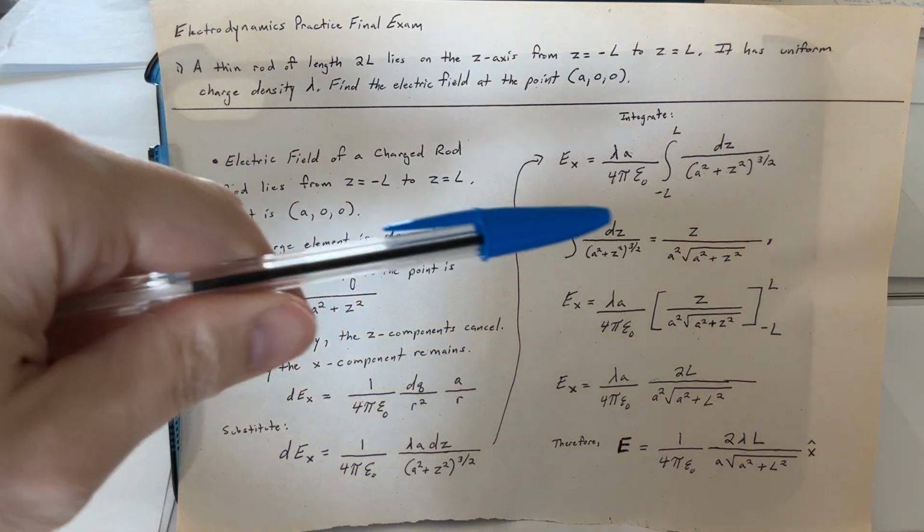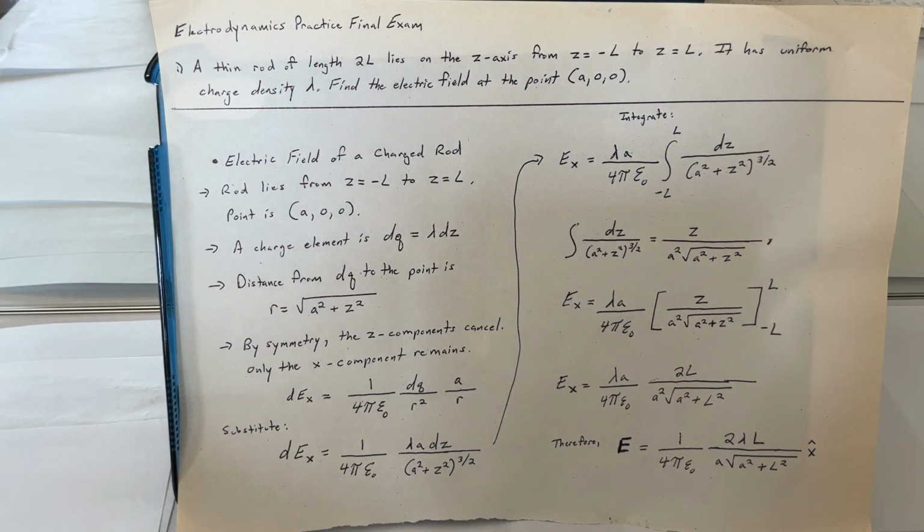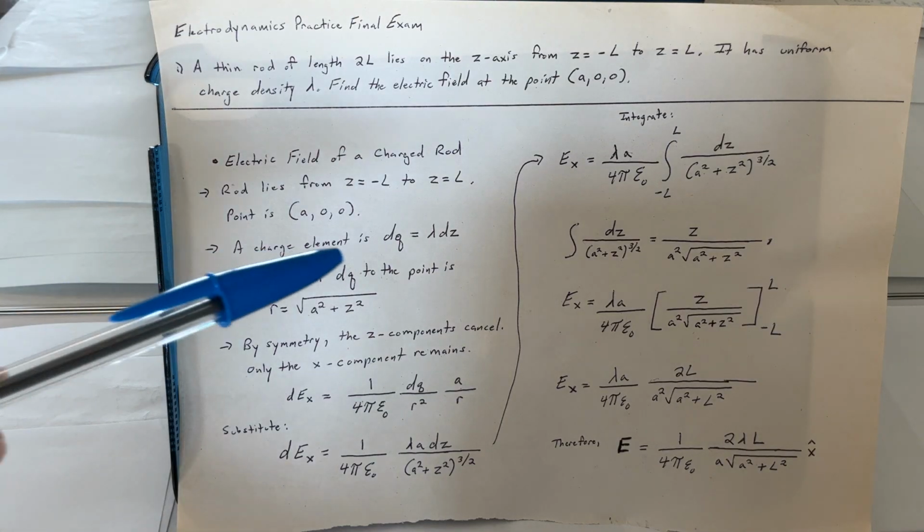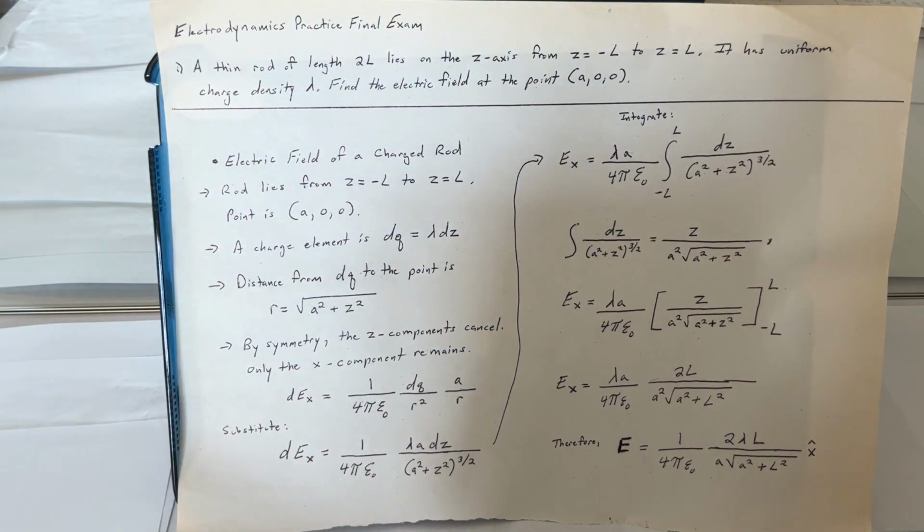When we integrate that, it comes out to z over the quantity a squared times the square root of a squared plus z squared. So that E sub x equals lambda a over 4 pi epsilon naught, and we are evaluating from negative L to L.